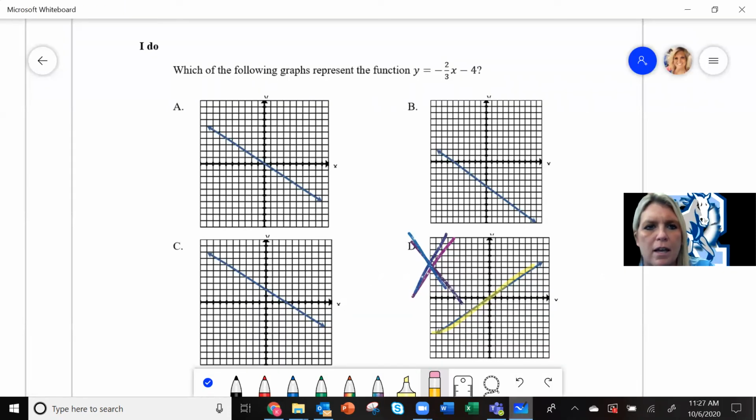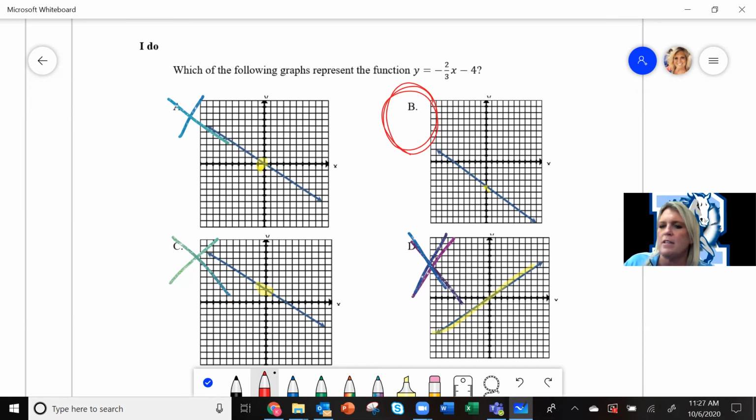Right here is where A crosses the y-axis. That's not at -4, so I know it can't be A. This one, B, looks like it might be crossing right there at -4. So let me leave that as an option. What about C? C is crossing up here where it's positive. So that's not a right answer. So now, due to process of elimination, I know my answer is supposed to be B.